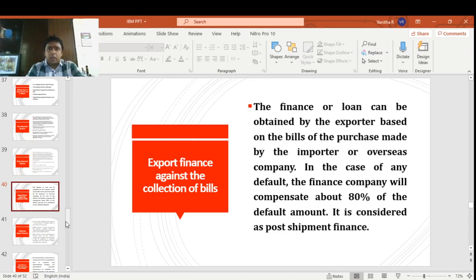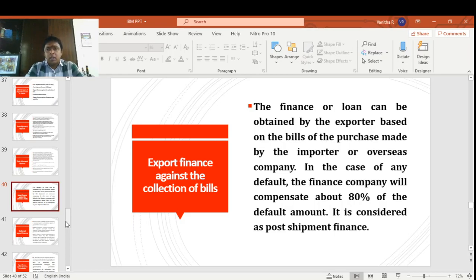So they would check all these things. That is collection of bills, and again it is considered as post shipment finance. There's nothing else to get confused on this.